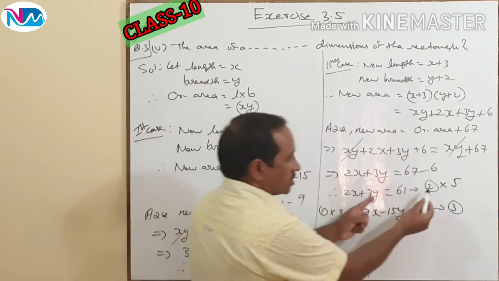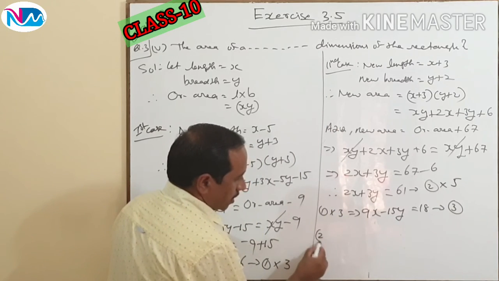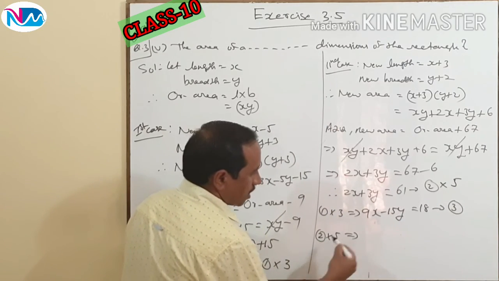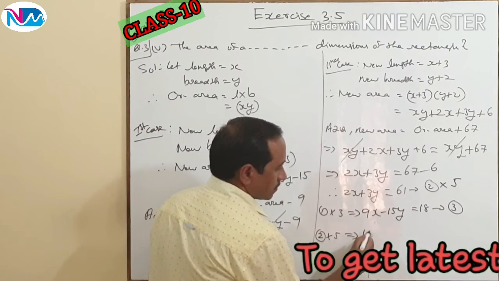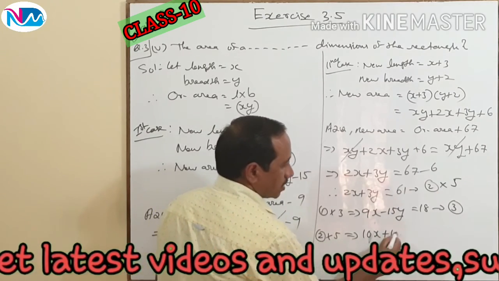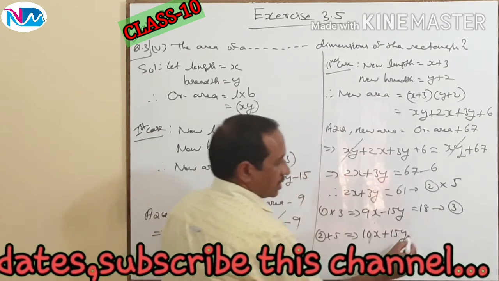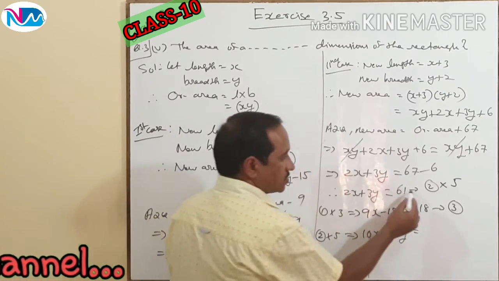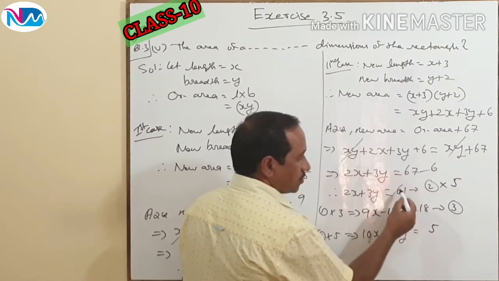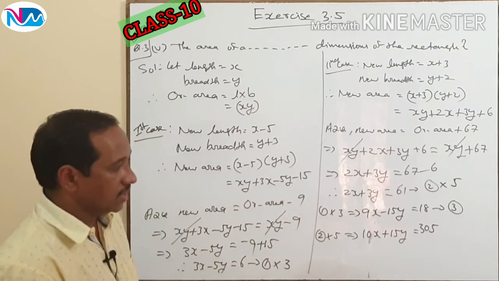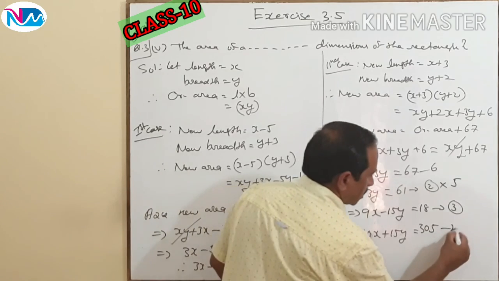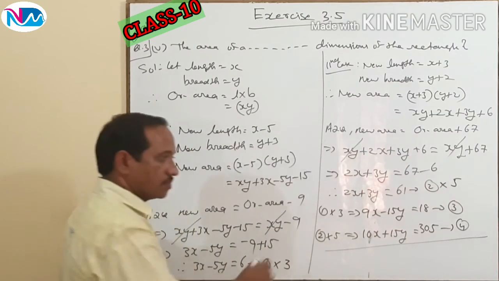Now equation number 2 is multiplied by 5: 5 into 2, 10x, 5 into 3y, plus 15y is equal to 5 into 61, 5 into 1 is 5, 5 into 6 is 30, so 305. Now let it be equation number 4.